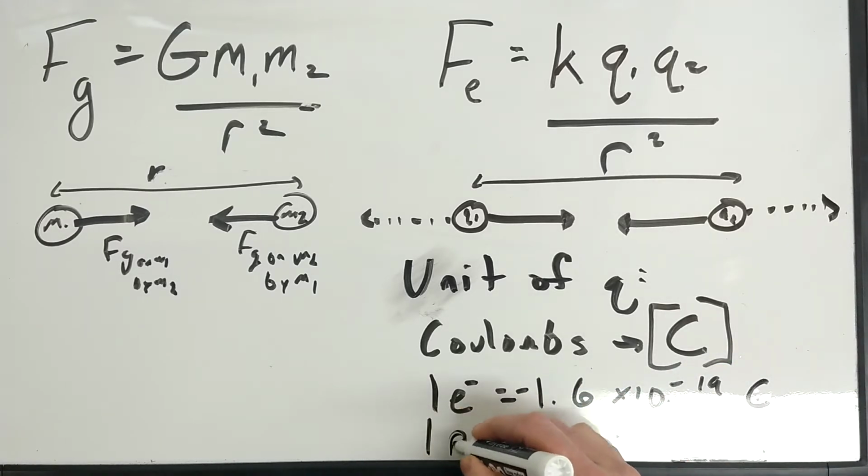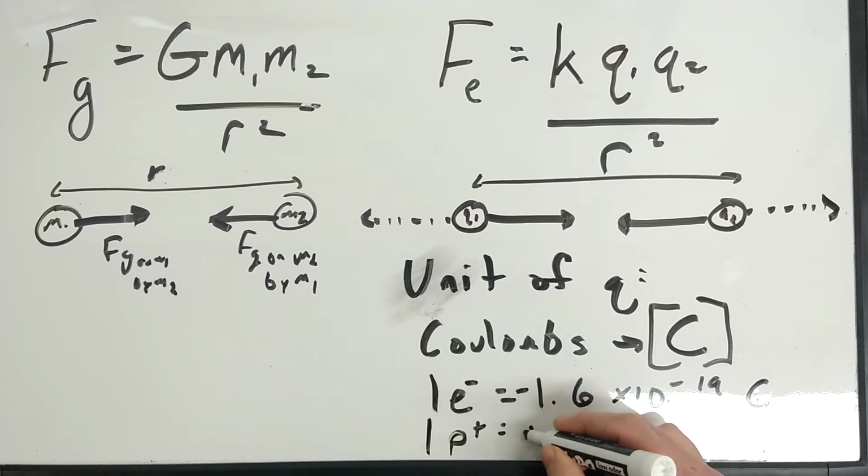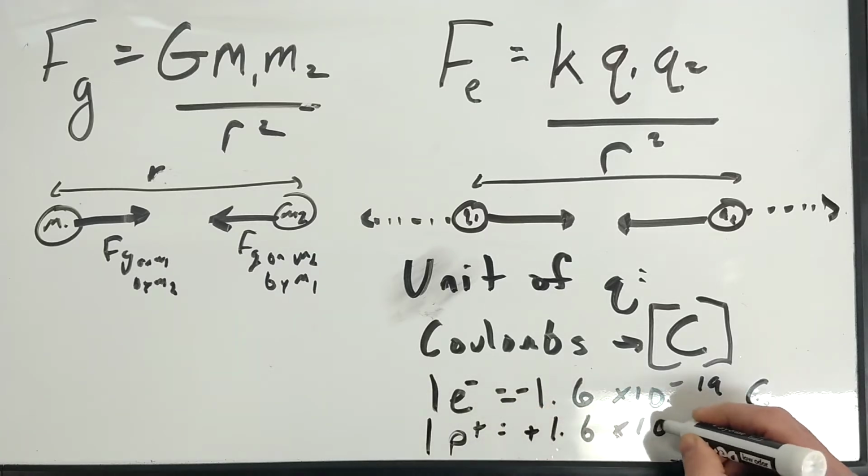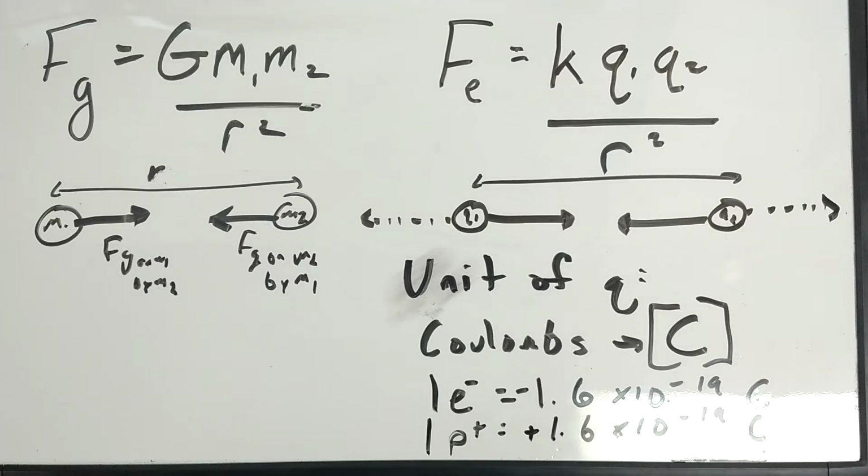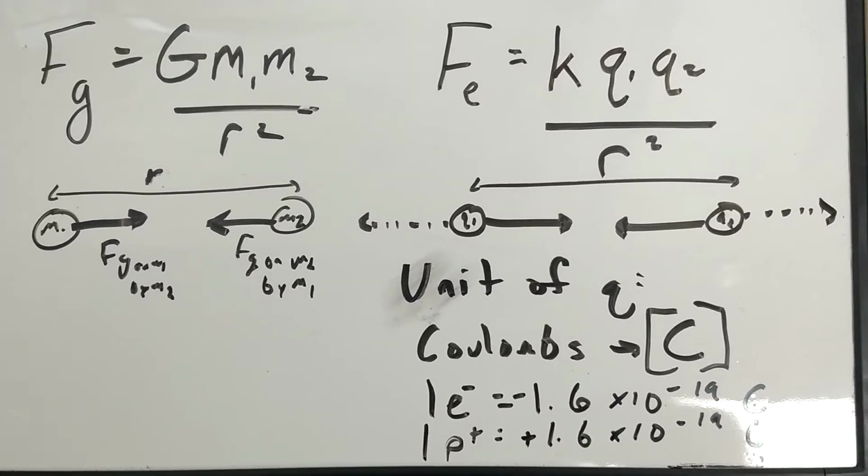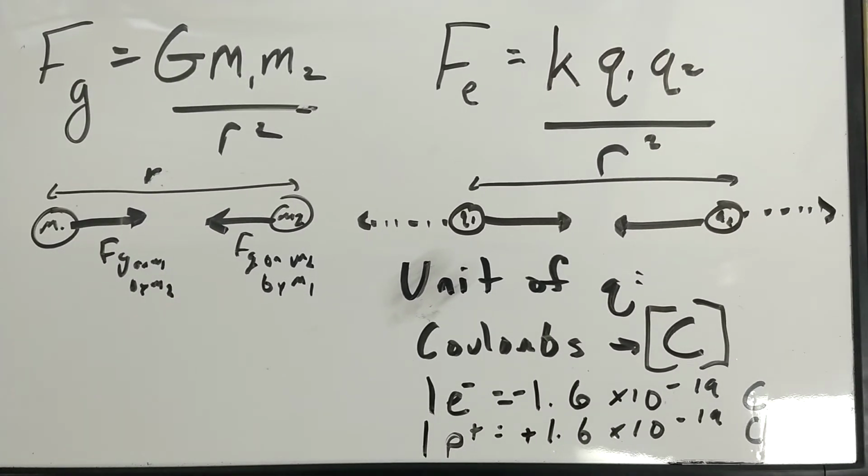One proton is positive 1.6 times 10 to the minus 19th coulombs. So the proton and electron have the same charge, opposite sign.